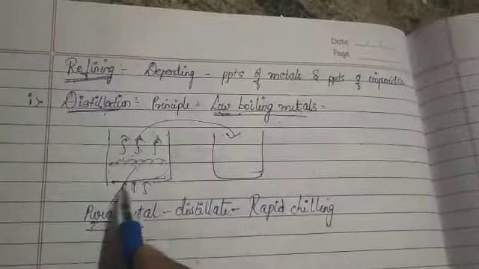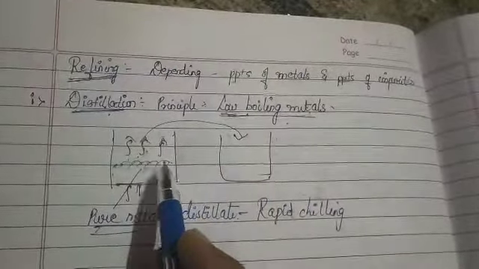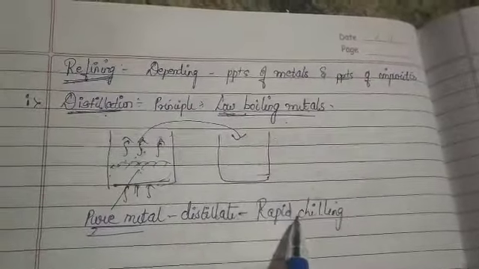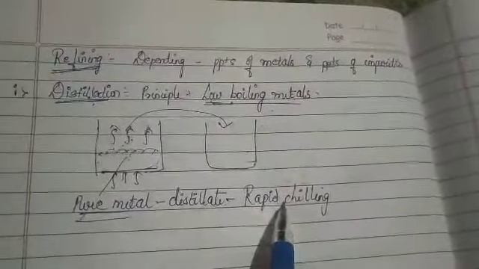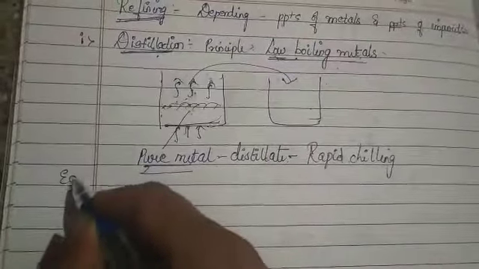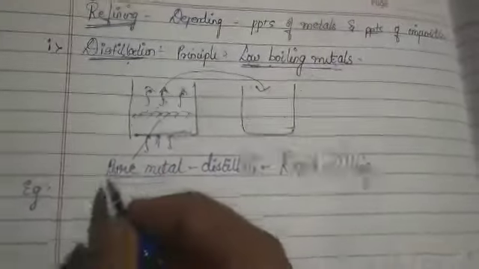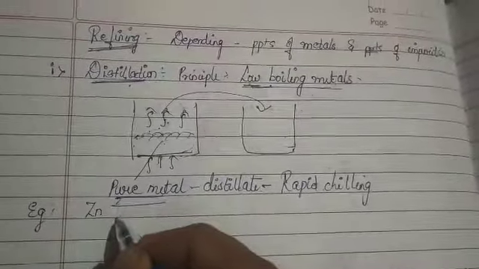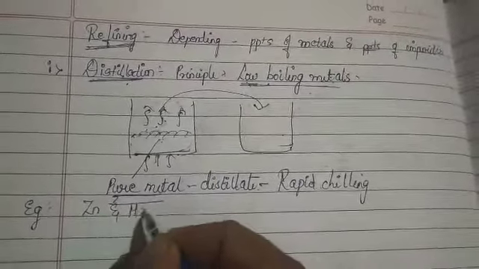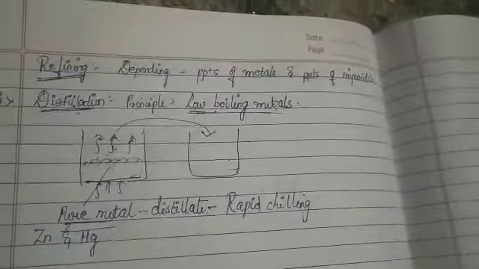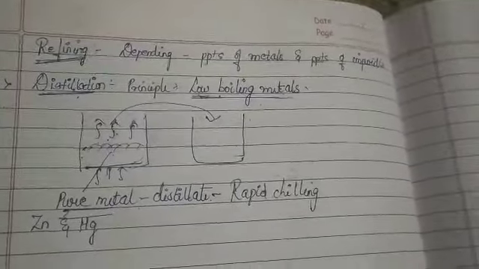The initial chamber will have only the purest metal distillate, which is then solidified by rapid chilling. And the examples of metals which can undergo distillation: one is zinc, as we have seen, and also mercury. Whatever the mercury ores, they can also be refined through this distillation technique.